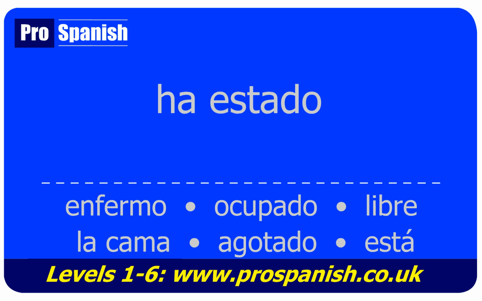And interestingly, estado means state as well. So Estados Unidos, United States. And I mention that because it has some relevance to something we'll look at later in the lesson. But for the moment, all we need to know is that ha estado is he, she, or it has been.